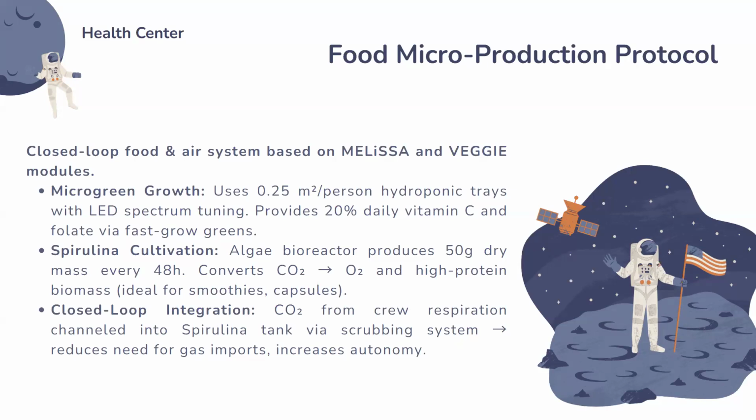A microgreen tray of around 0.25 square meter, as I just mentioned, which one crew member will manage, will be optimized with hydroponic substrate and spectrum-adjusted LED lights. Despite being small, each tray will yield around 40 grams of fresh mass per day, which will cover around 20% of the crew's daily vitamin intake.